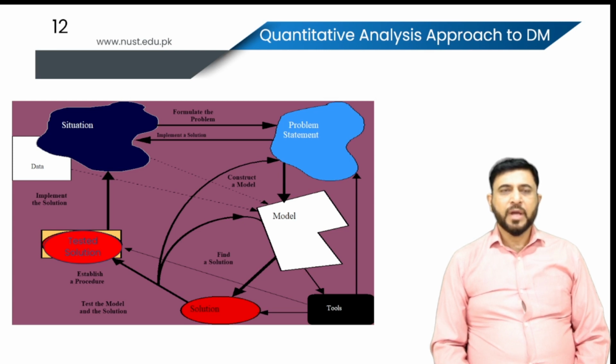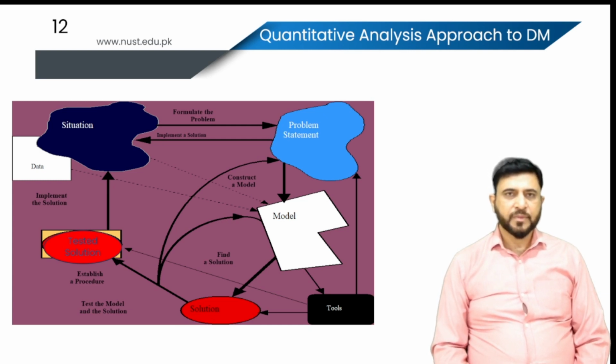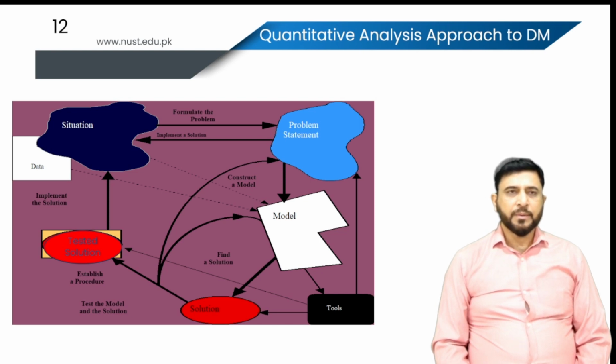First of all, we have to identify the situation, and according to the situation, we have to carry out a survey and draw data out of the situation. Based on this data, we have to set our problem statement.